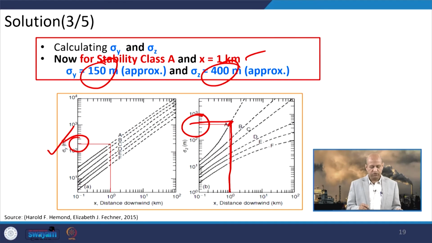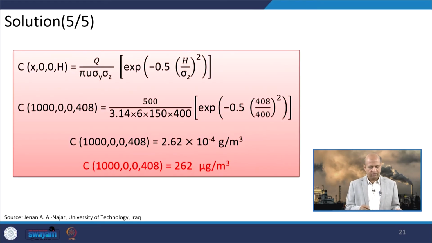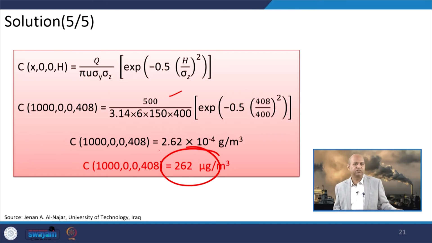We put those values in and calculate the concentration at this 1 kilometer, and it is around 262 microgram per cubic meter. So, these are the different ways to apply this point source Gaussian dispersion model: to calculate the concentration when effective stack height and downwind distance, or lateral distance y, is given, or otherwise, if concentration is given, then you calculate the effective stack height.